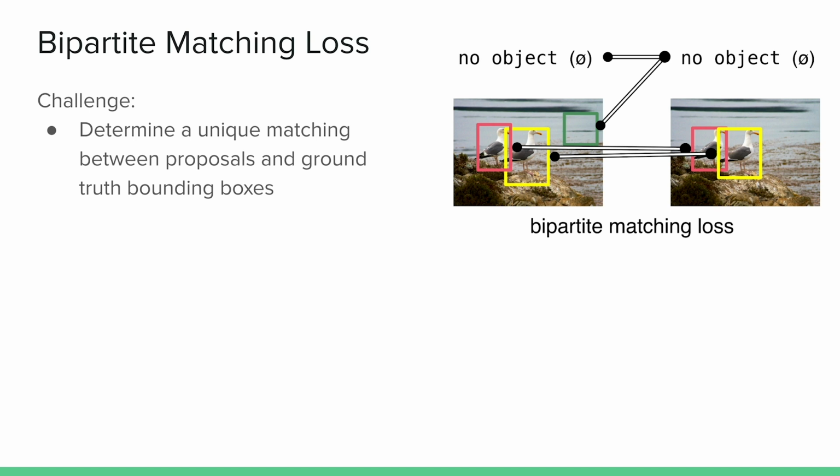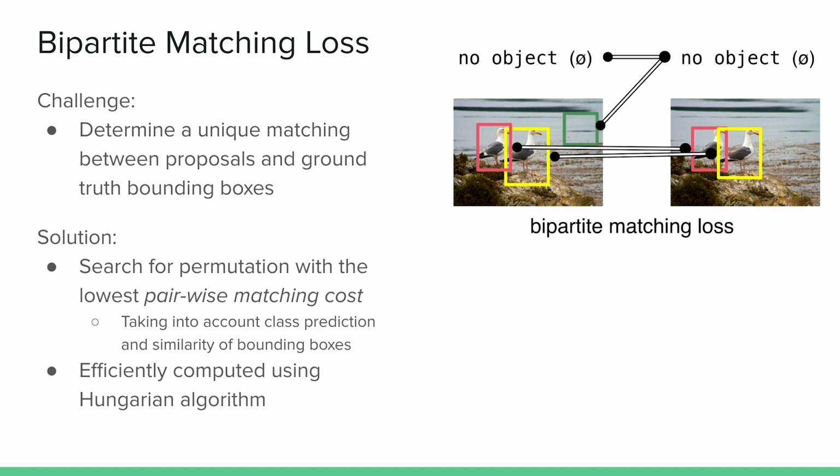So the challenge is when we formulate object detection as a direct set prediction problem, how do we determine a unique matching between the proposals that the network generates and our ground truth set of bounding boxes? Because ideally we want to have a unique assignment here, and it shouldn't depend on the order of how elements appear. So what they propose is that they search for a permutation that has the lowest pairwise matching cost.